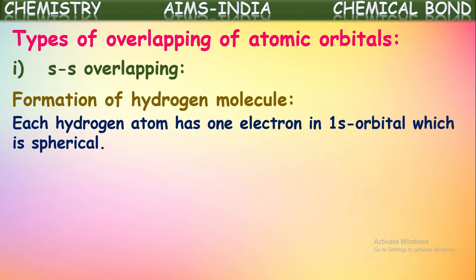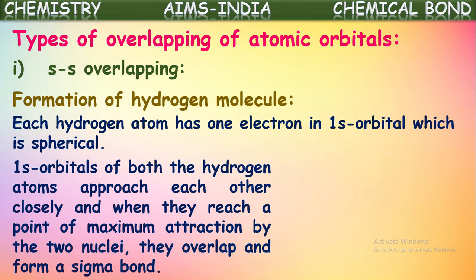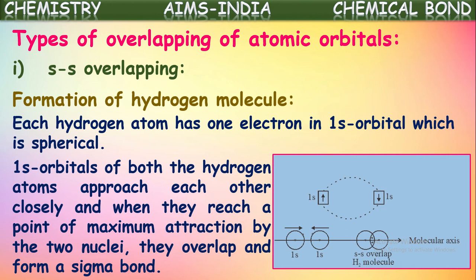which is spherical in shape, isn't it? Now, the 1s orbitals of both the hydrogen atoms approach each other closely until they reach a point of maximum attraction by the two nuclei. They overlap and form a sigma bond. Suppose this is an s orbital of one hydrogen atom with one single electron, and this is the s orbital of another hydrogen with one single electron.